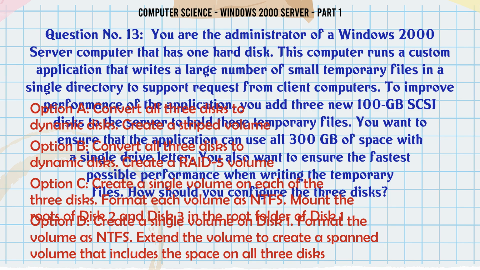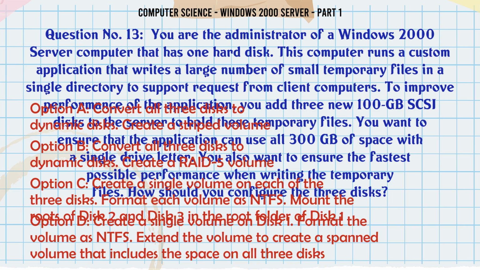To improve performance of the application, you add 3 new 100 GB SCSI disks to the server to hold these temporary files. You want to ensure that the application can use all 300 GB of space with a single drive letter. You also want to ensure the fastest possible performance when writing the temporary files. How should you configure the 3 disks?